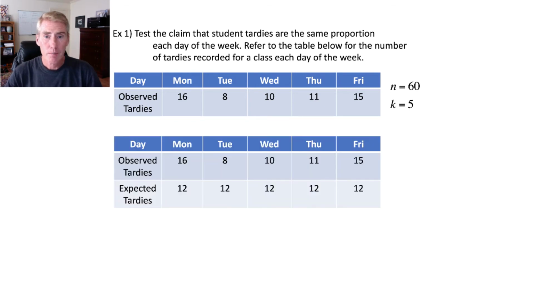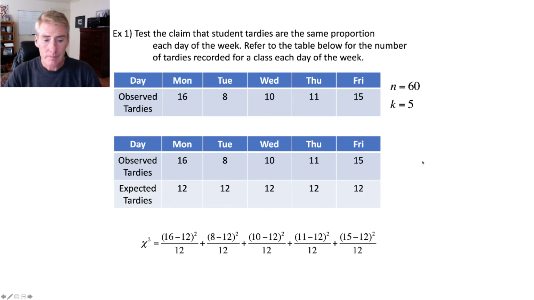Now because my claim was that they're the same, basically I'm saying these 60 should be divided amongst the 5 categories evenly. So if you do 60 divided by 5, you'll get 12 for each one. So if my claim was true, then all of these should be 12s. The next thing is do that formula. So it's just going to be 16 minus 12 gets squared divided by 12.